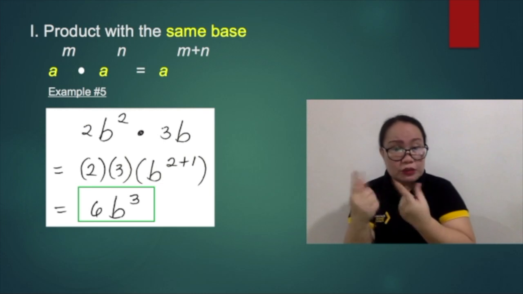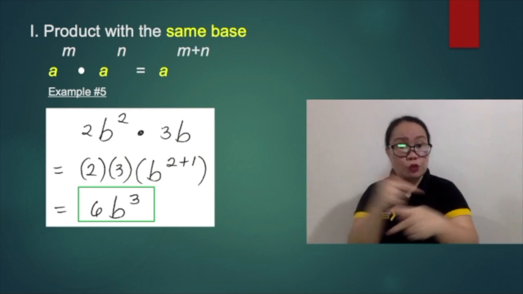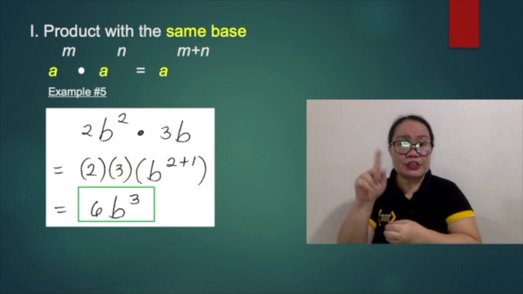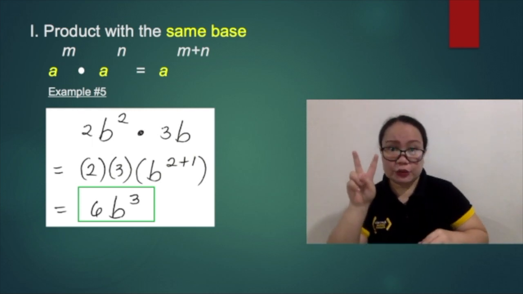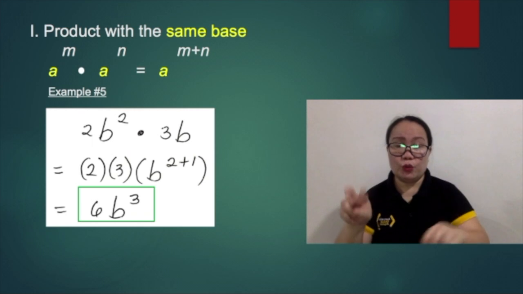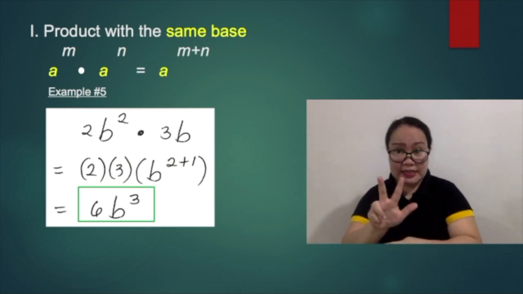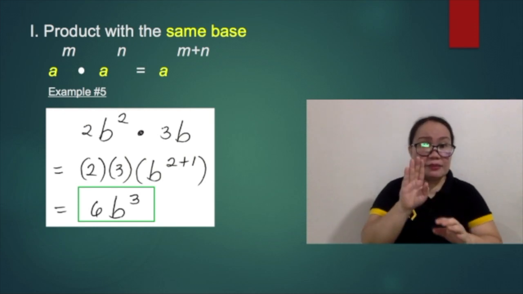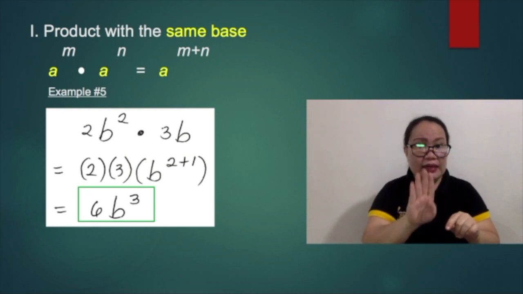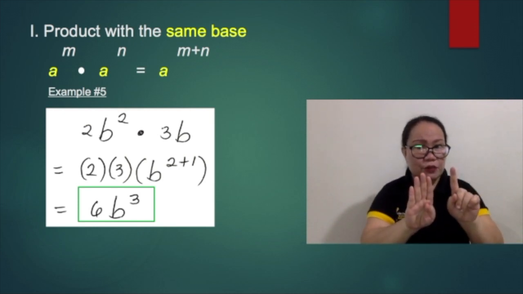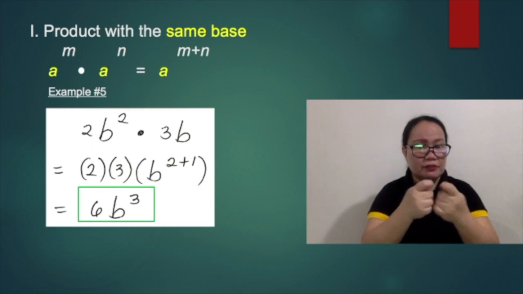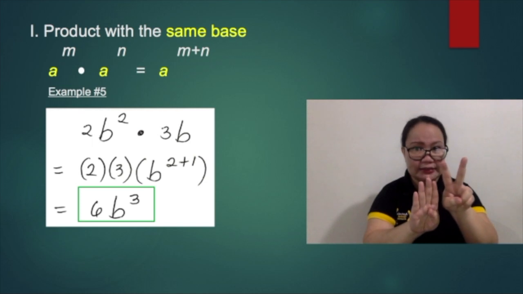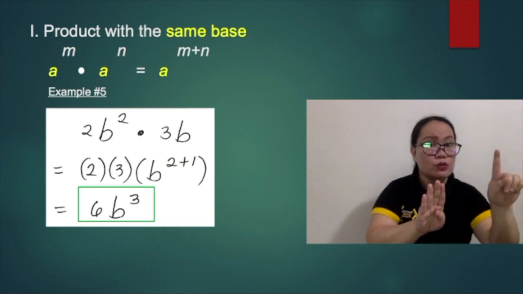So first, what to do? First, you multiply the numerical coefficients, which are 2 and 3. So 2 times 3, enclose that with parentheses. And then b, what is the exponent of the first term? The first variable, b squared. And then the second is 1.